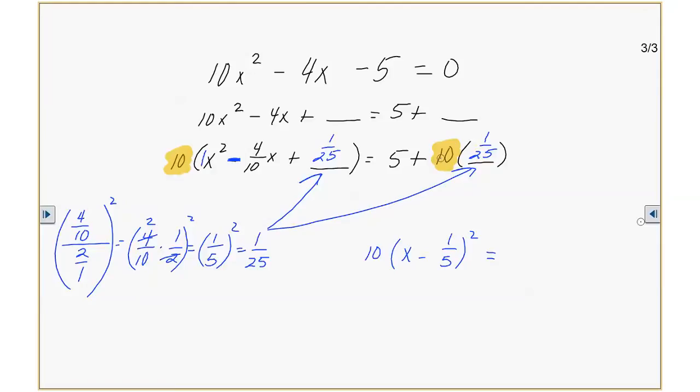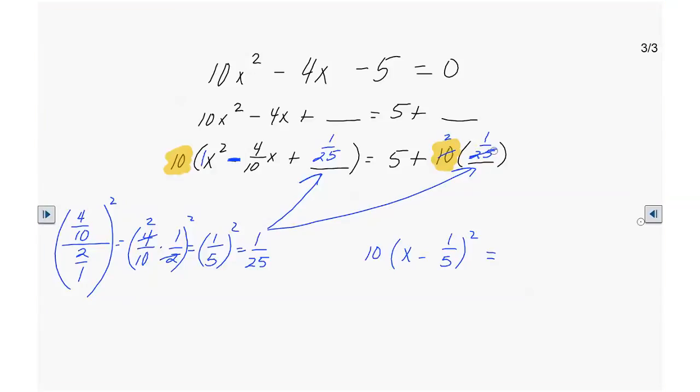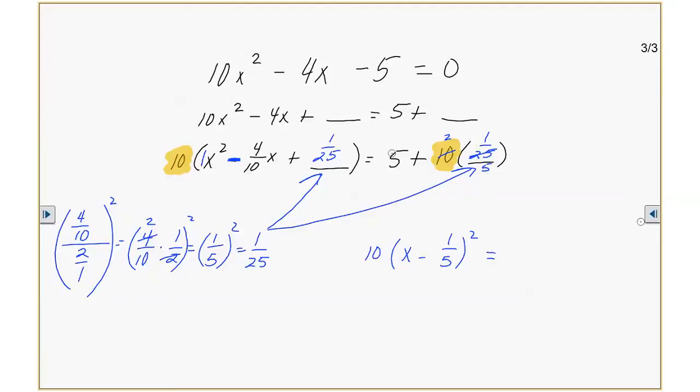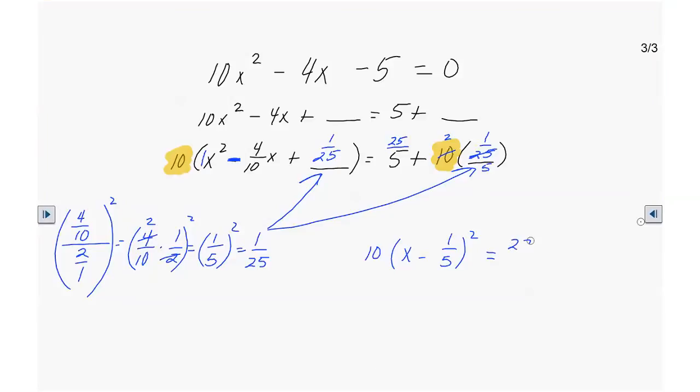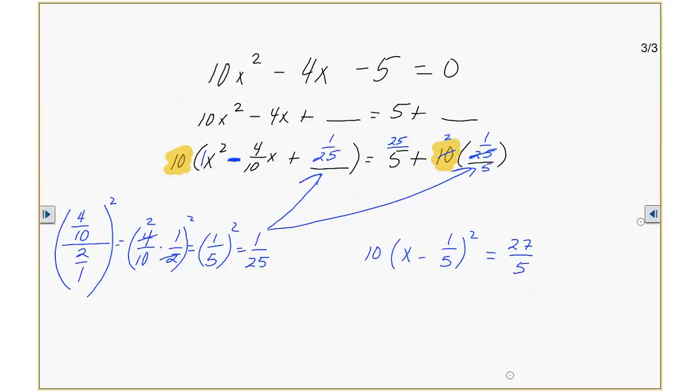That 5 will go in here 2 times, 5 will go in there 5 times. Change this into 25/5. So what's 25 plus 2? 27 over 5. Let me multiply that again. And now you've got your vertex.